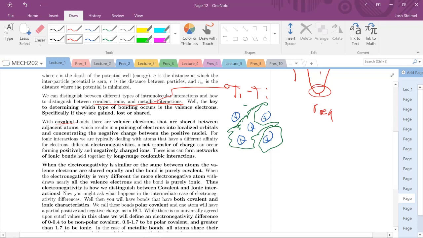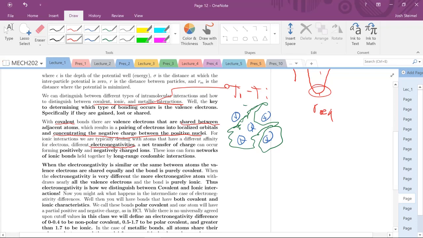Covalent bonding is when we're sharing essentially these valence electrons, sharing them between orbitals. Now the question is, are they equally shared, exactly, or are we going to have some where we pull more electrons, or pull fewer electrons? The whole idea is we need to look at a material's electronegativity.